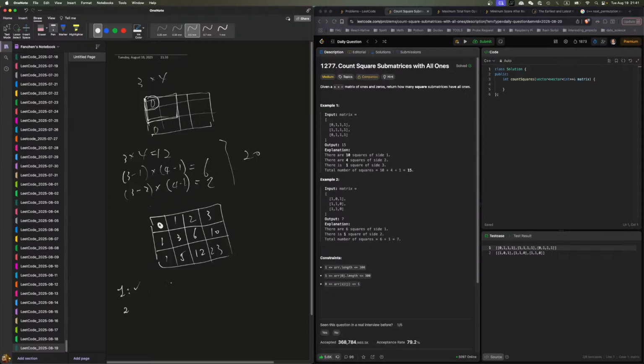So this will be 6. It's not 6, it's supposed to be 5. Okay, I think this is wrong.